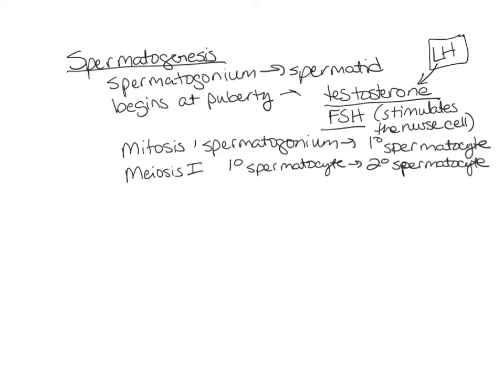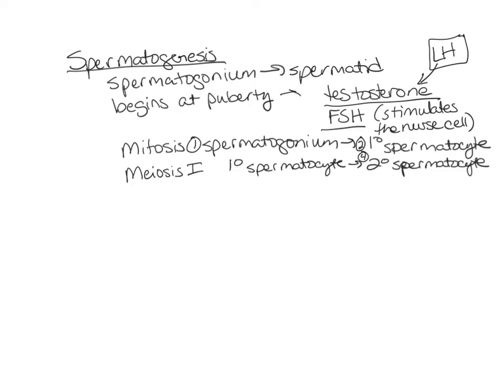So one spermatogonium becomes two primary spermatocytes, and then each of the two primary spermatocytes becomes a secondary spermatocyte. So then we end up with 4 of these secondary spermatocytes.